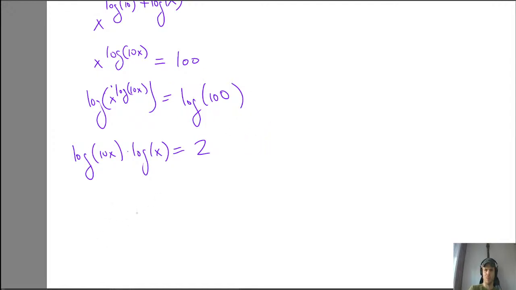Then we can, if we make this, did I do the same thing? Oh. So now I can pull the 10 back out.